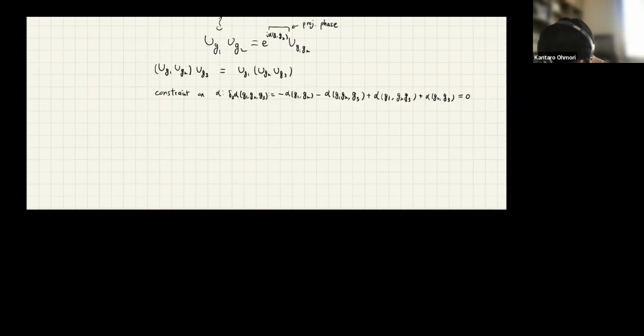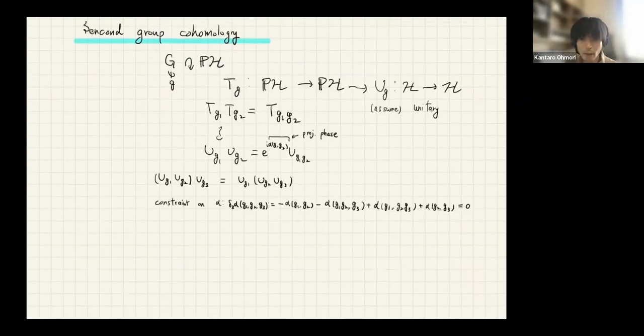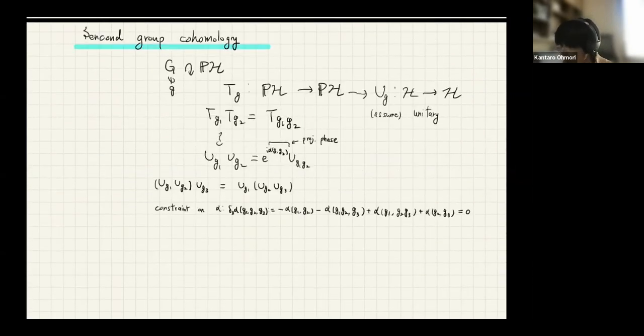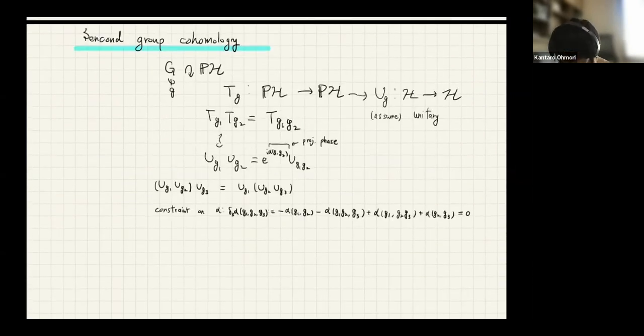So alpha is not arbitrary because of the associativity of matrices, but under a constraint of this type. This is mod 2 pi, by the way.